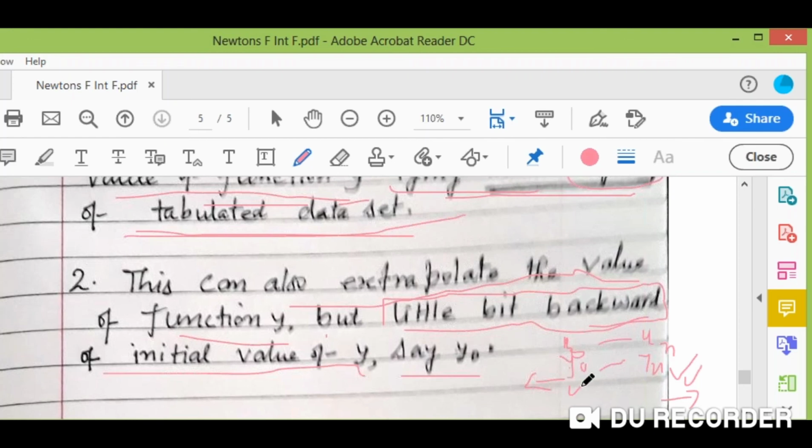If you put here y1, then the initial value is y1. So somewhere one term or two terms backward you can apply it for the extrapolation.